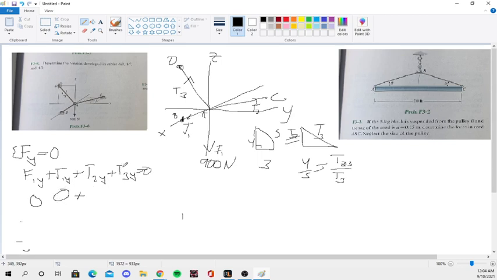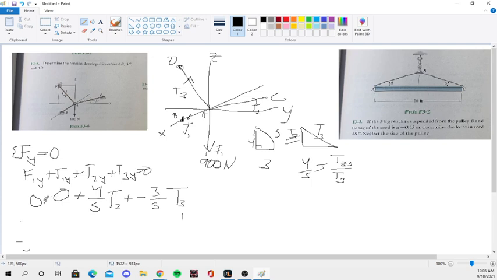And then to find tension 2 in y, we use that same similar triangles trick, and we'll find that it's going to equal 4/5 T2, in the positive y direction for T2, and in the negative y direction, plus negative 3/5 T3.